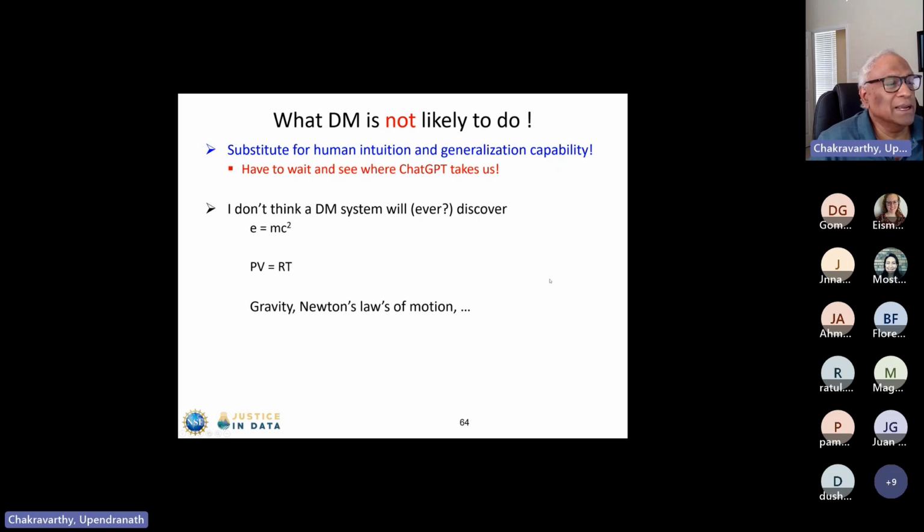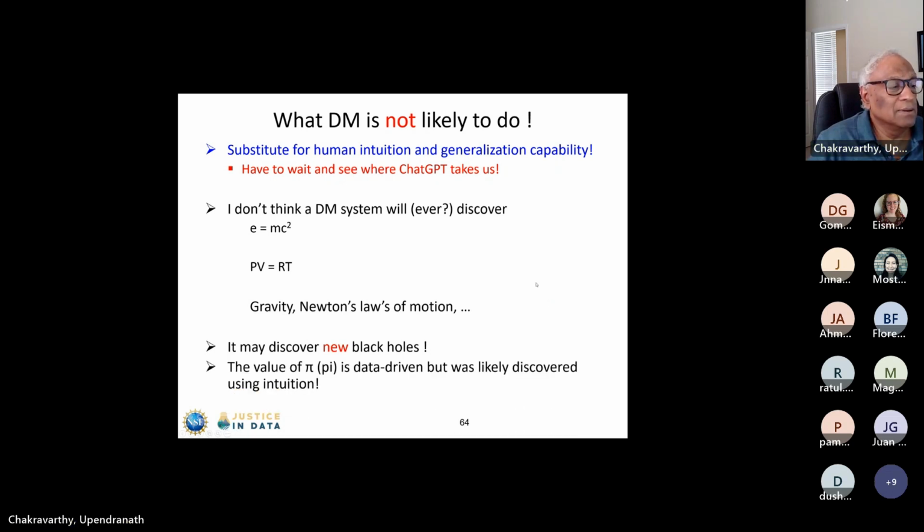Human intuition cannot easily be substituted, but it may be possible to discover things like black holes, which are heavily data dependent, and we can collect lots of data. Another good example I can think of is the value of pi. The value of pi is data driven, we know that, but most likely it was discovered not using lots of data, but by intuition, by looking at a few samples.